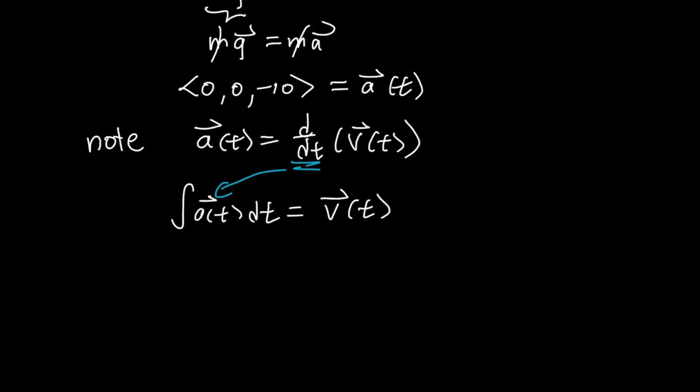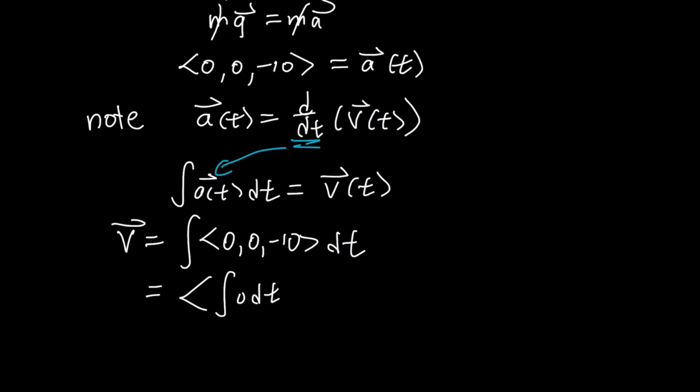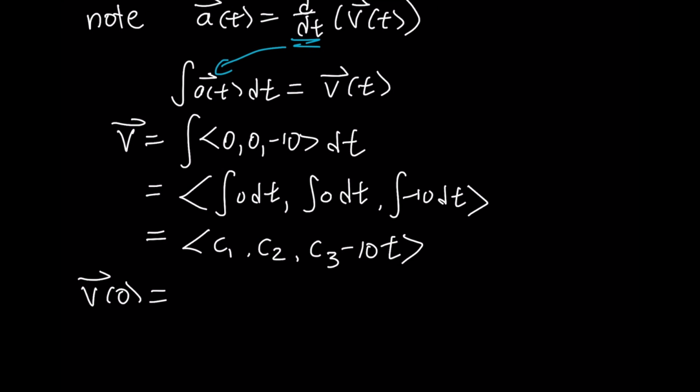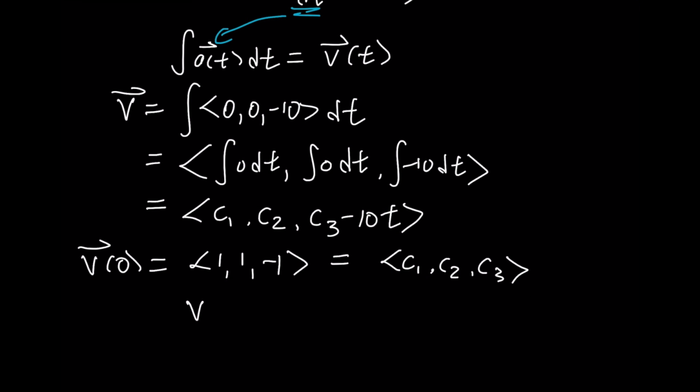So the velocity is the antiderivative of the vector 0, 0, negative 10 with respect to time, essentially equal to the antiderivative of each component, which is going to give me some c1, c2, and then c3 minus 10t. Now, the initial velocity was i plus j minus k. If I were to plug in time equal to 0 in each of these, this would tell me what those constants are. So the velocity here is the velocity function.